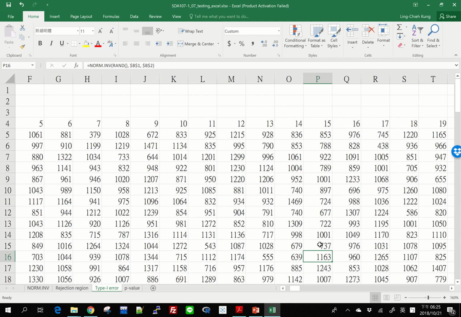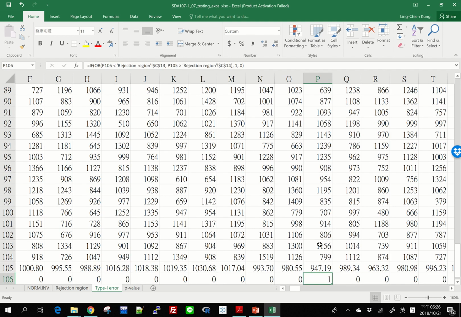The fact is that mu is 1000, but because we are somewhat unlucky, the 100 numbers in our random sample are somewhat small. So we make a wrong decision. The population mean is indeed 1000, but we say it is not. This is type 1 error.